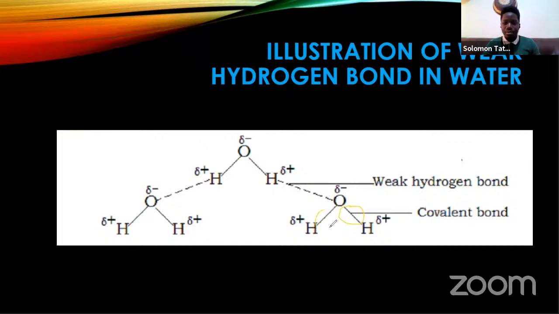But the entire molecule is connected to another molecule by weak hydrogen bonds. So this is what we talk about when we say that there is hydrogen bonding in water. It's between the molecules, not between the atoms.